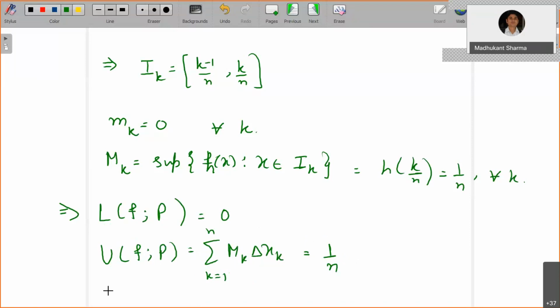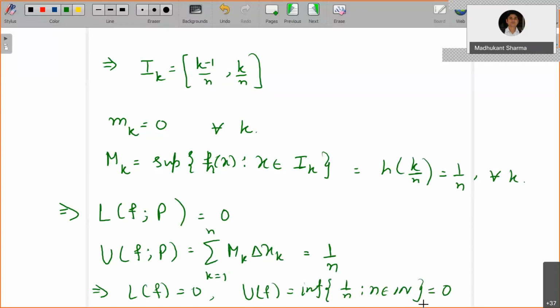Okay, so this certainly implies that L of f is 0, because the supremum of the set 0 is 0, and capital U of f is going to be the infimum of 1 by n such that n belongs to natural numbers, which we have already shown is 0.